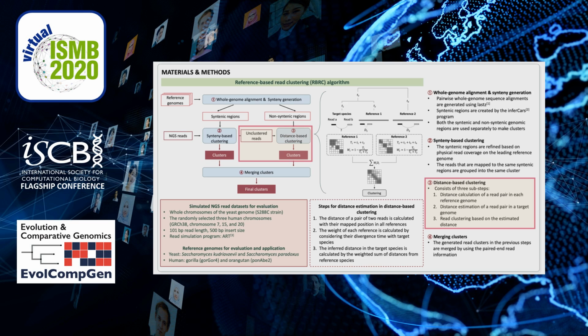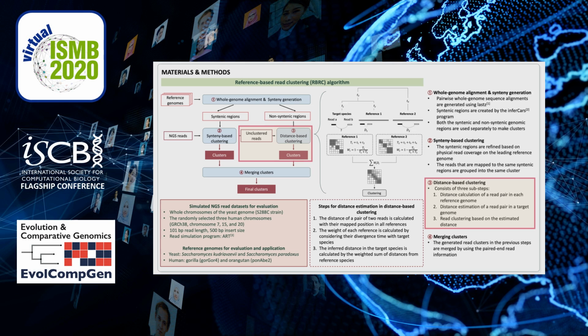In the third step, all mapped reads in the previous step are clustered by inferring the distances of read pairs in non-syntenic regions in the genomes of multiple reference species. This clustering step consists of 3 substeps. First, the distance of a pair of 2 reads is calculated with their mapped positions in all references.